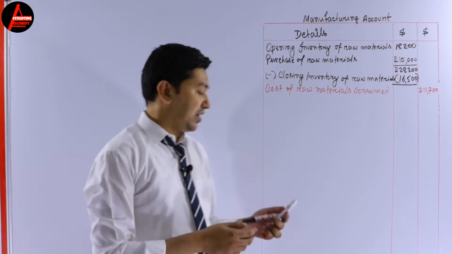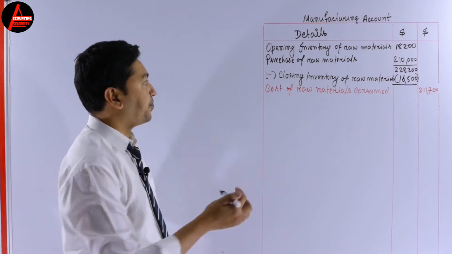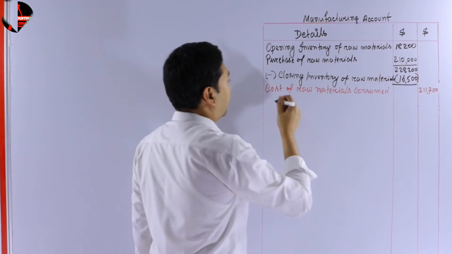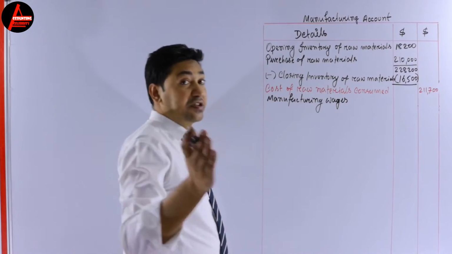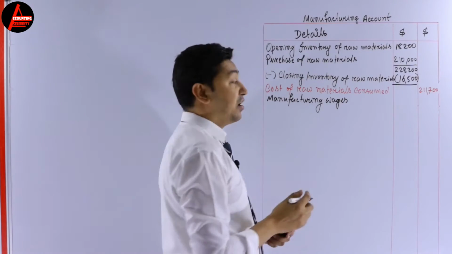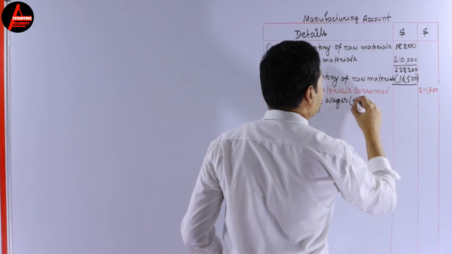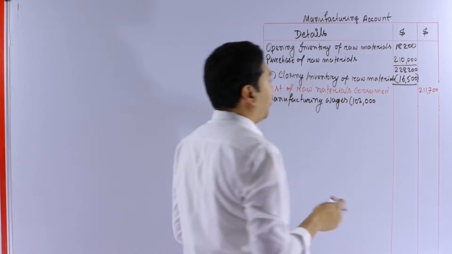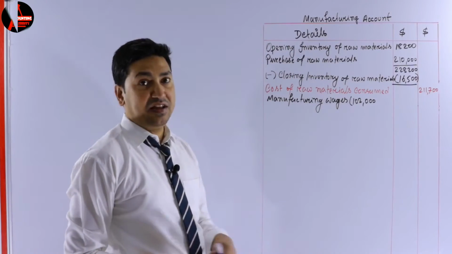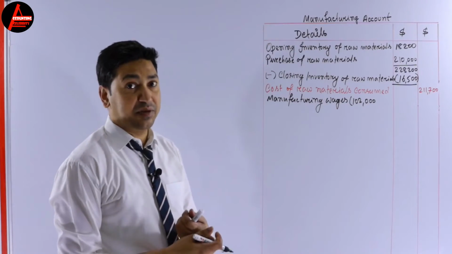So let us write here first of all manufacturing wages. What is the value in the question? It is $102,000. Why did I write this here? Because we have some adjustment with this.